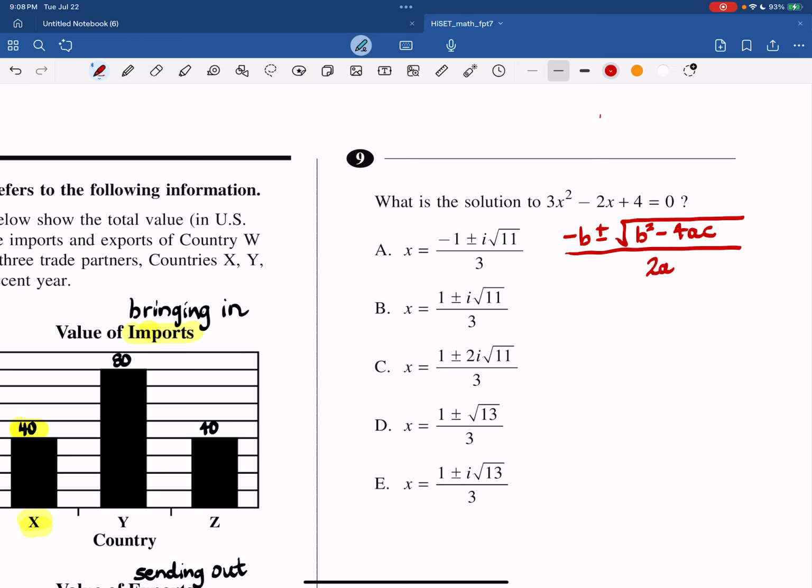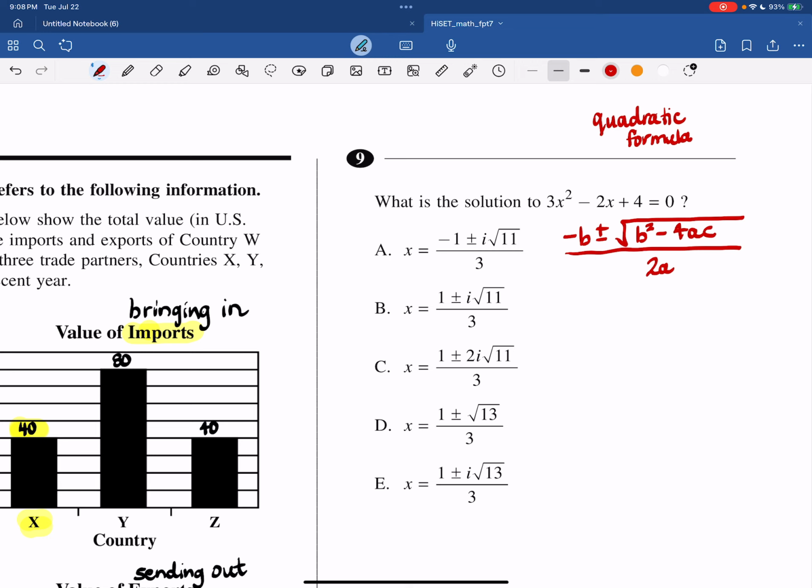And again, this is called the quadratic formula. It is used to solve, sometimes called the quadratic equation, I think, but it's used to solve quadratic equations. I call it the quadratic formula. I think that's a more precise name.